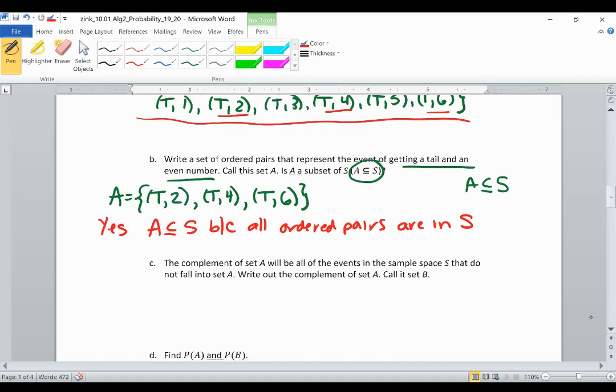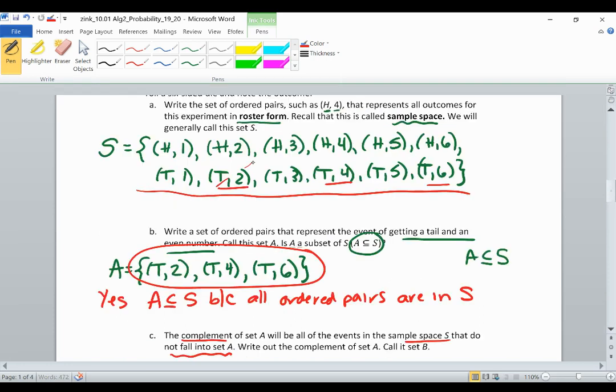Another vocab word that we'll talk about is a complement. So it says the complement of set A will be all the events in the sample space S that do not fall into set A. So a complement is just kind of like the opposite. So if this is set A, the complement is anything except those 3.